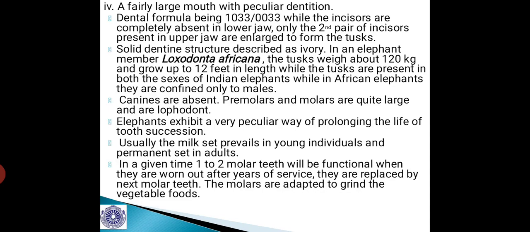So, this is with reference to the peculiarity of the features of the dentition in elephants or the members of the order Proboscidea.